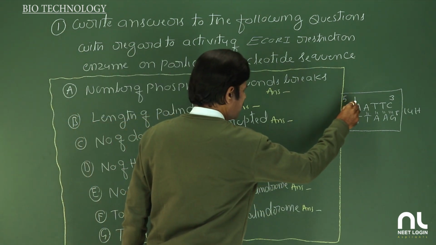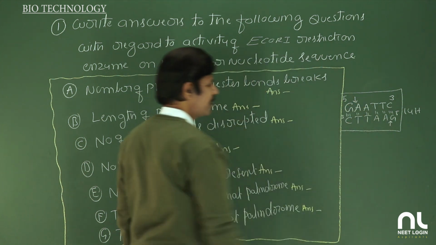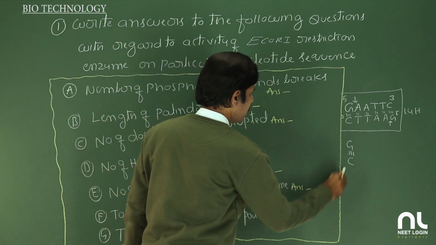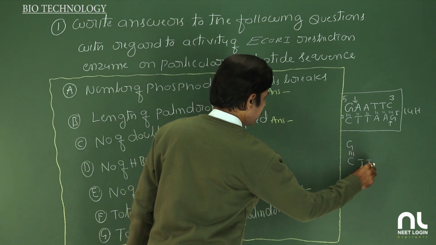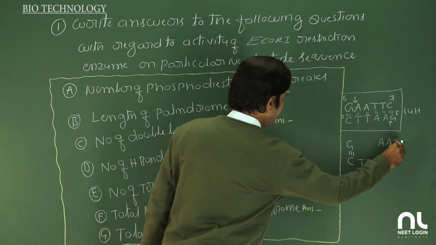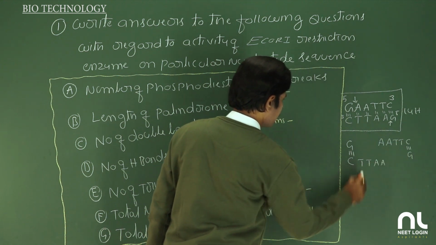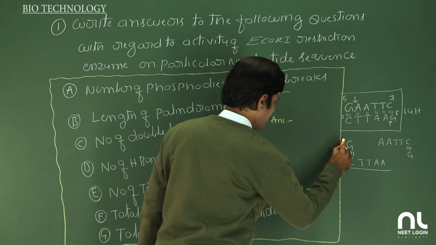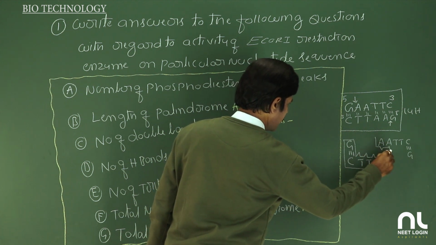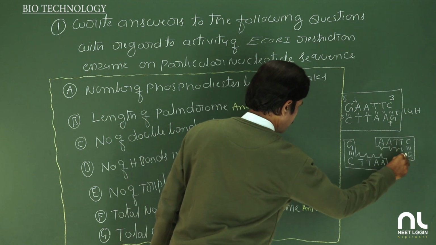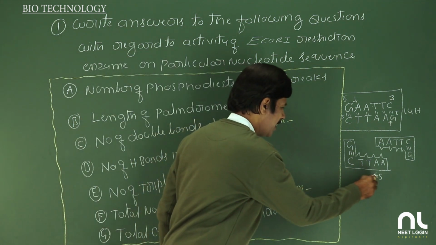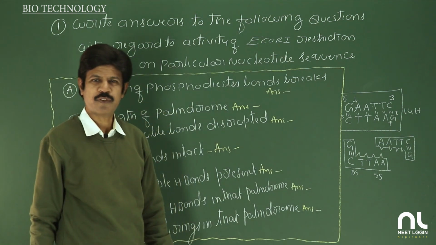And EcoRI breaks between G and A. The two fragments which are formed are single stranded at the end, and double stranded elsewhere.